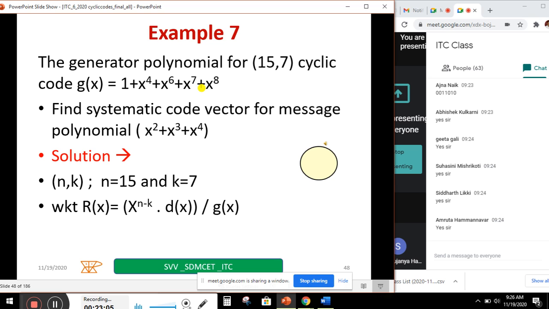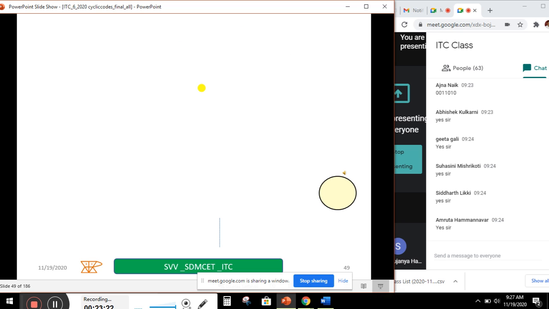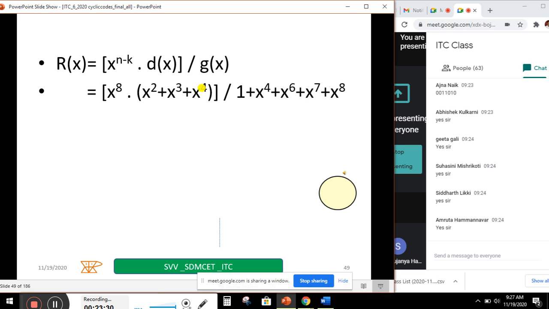All of us know that r of x equal to x raised to n minus k into d of x whole divided by g of x. Fill the values and find out r of x. Fill n minus k, which is x raised to 8.